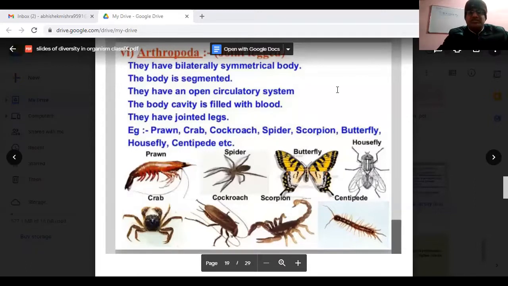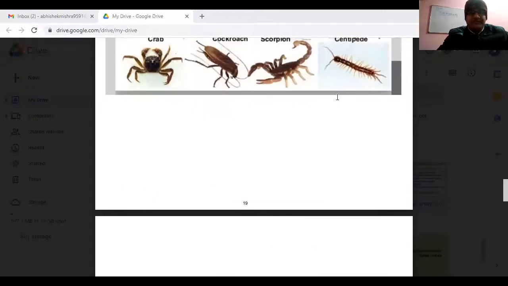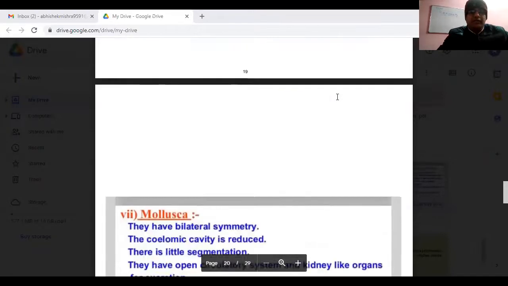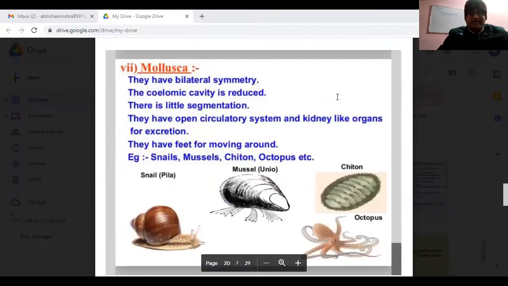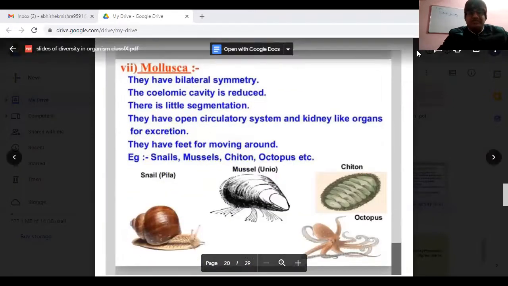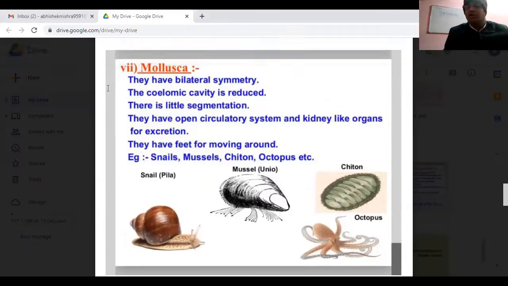Yes, so now students, we will go to the next phylum, which is Phylum Mollusca. Before going into Phylum Mollusca, always remember, students, as I told you, that you should always try to find the common characteristics whenever you study.